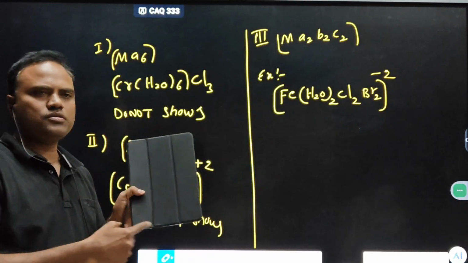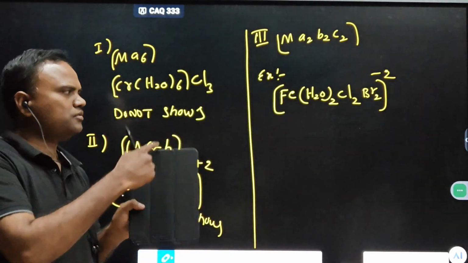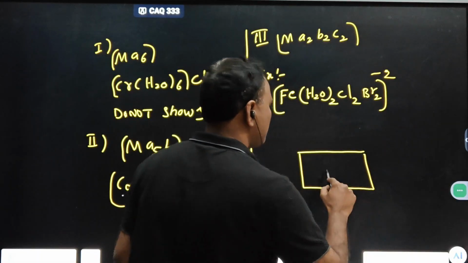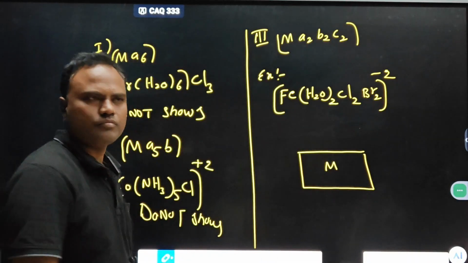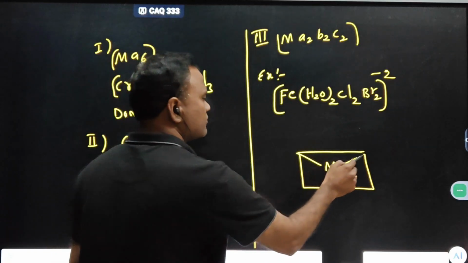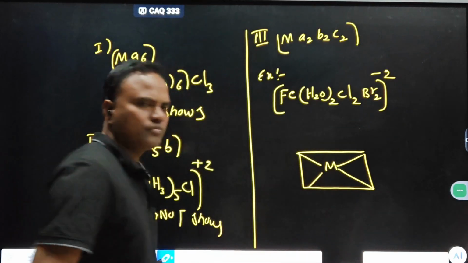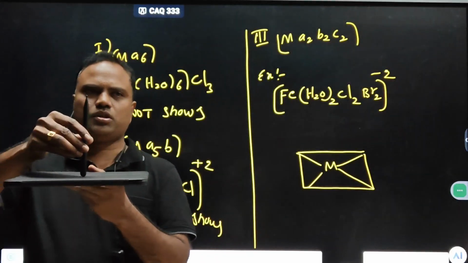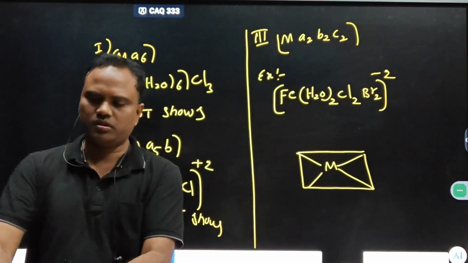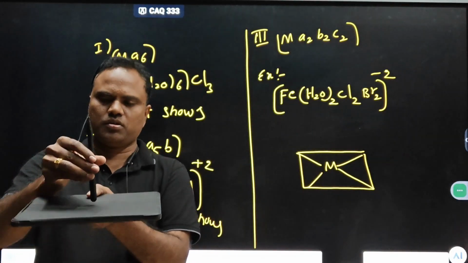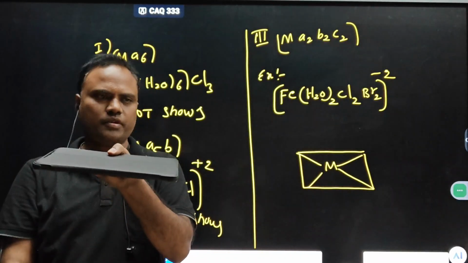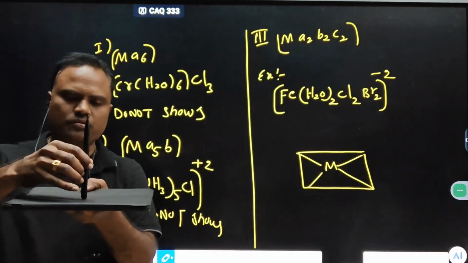At four corners, four atoms, like this. Four corners, four atoms. Above the square, one atom. Below the square, one atom. Now you tell me.